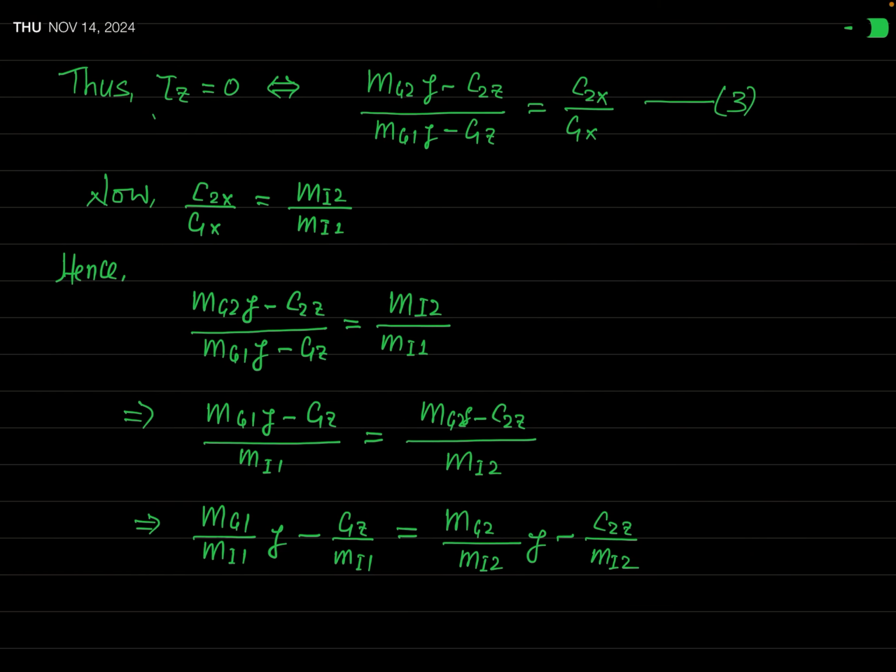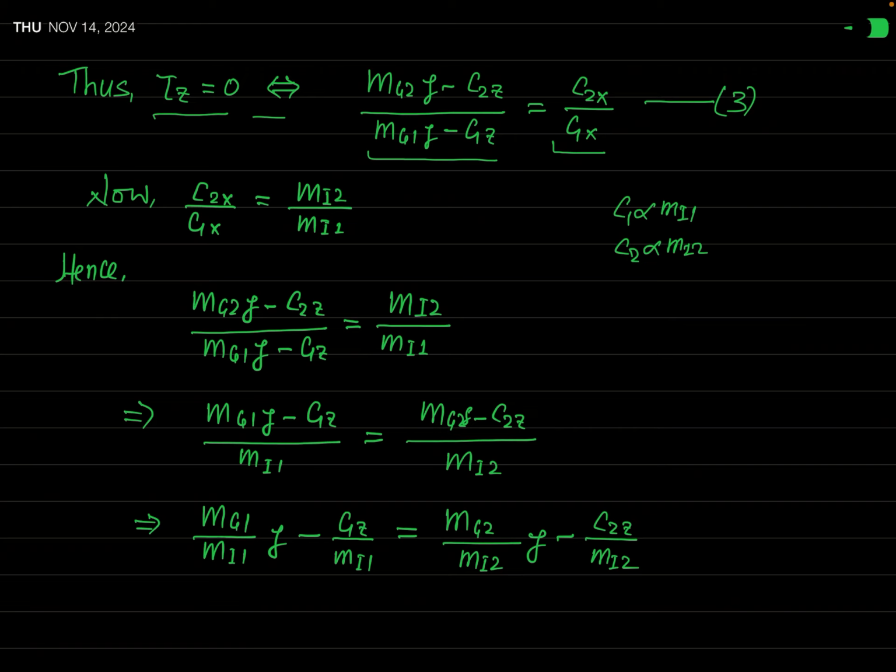So, you can see tau z is equal to 0 if and only if mg2 times (small g minus c2z) over mg1 times (small g minus c1z) is equal to c2x over c1x.